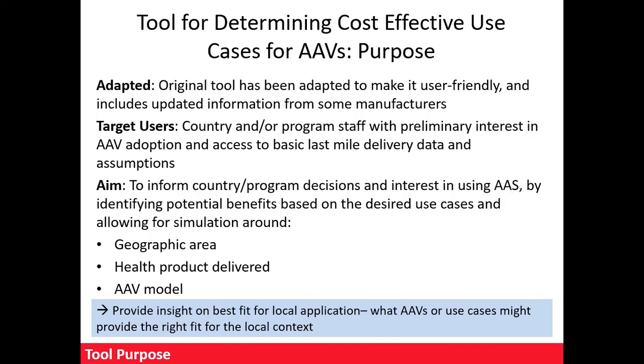Overall, the tool will provide insights on best fit for local context or application, what type of AAVs to use, and which use cases might be the right fit for that local context.